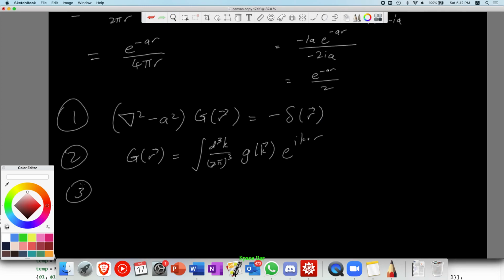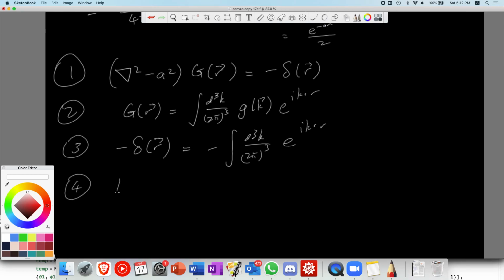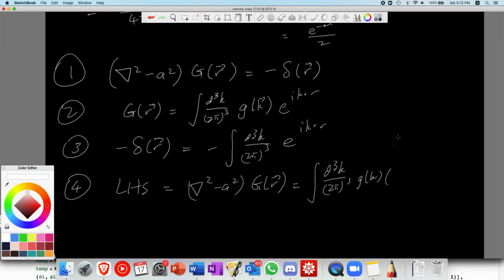Then step 3 was to expand minus this in terms of the right hand side, in terms of the Fourier expansion. Then we have the fourth step, which is the left hand side equals this, which equals the Fourier transform, this g of k, that was then minus k squared plus a squared, or sorry, minus a squared, e to the power of ik dot r.